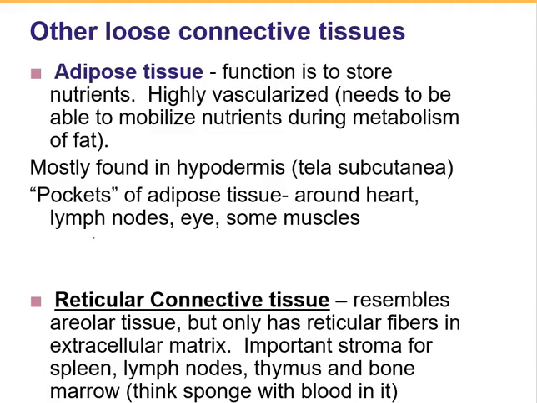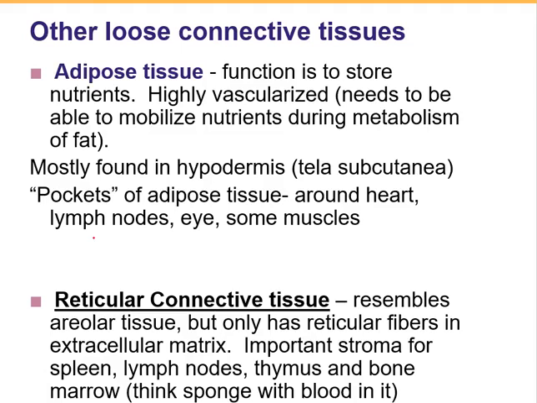But where can we find the adipose tissue? Everywhere, mostly in the hypodermis, a structure found under the skin, between the skin and muscle. The adipose tissue or fat tissue is also found around the heart, lymph nodes, eye, and some muscles, protecting them.